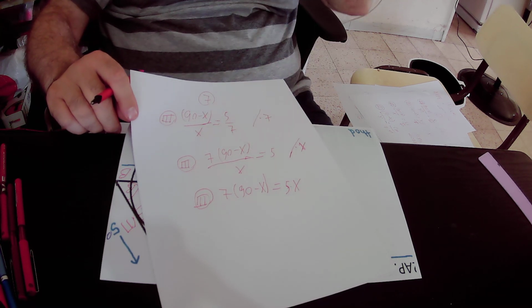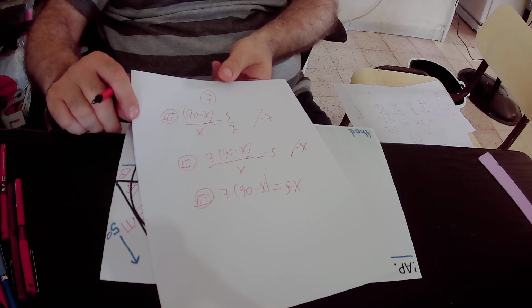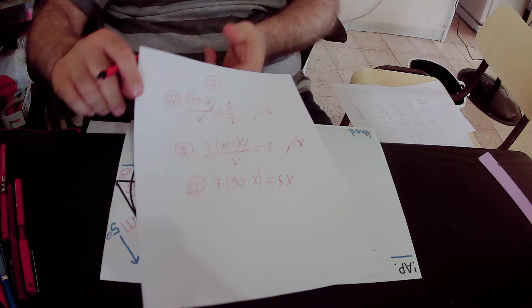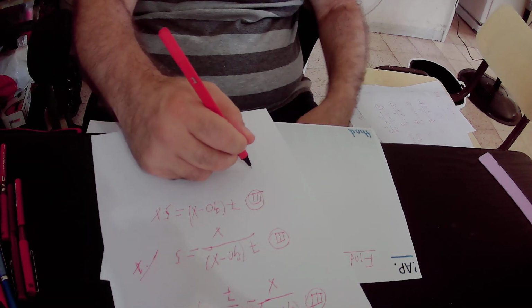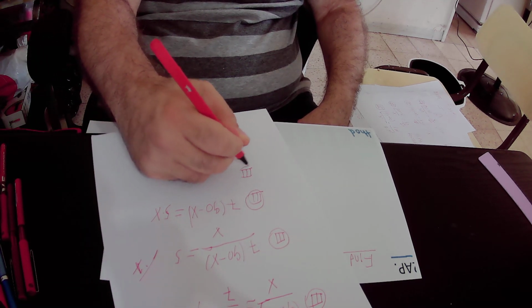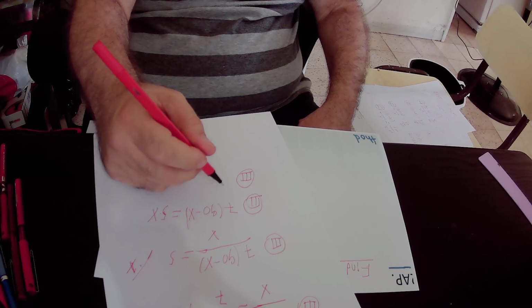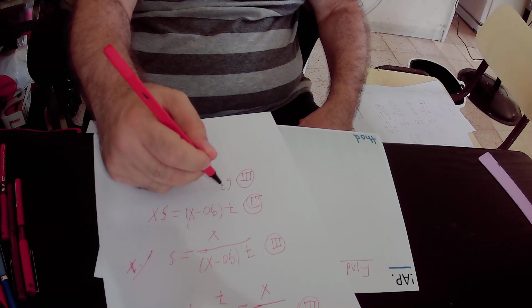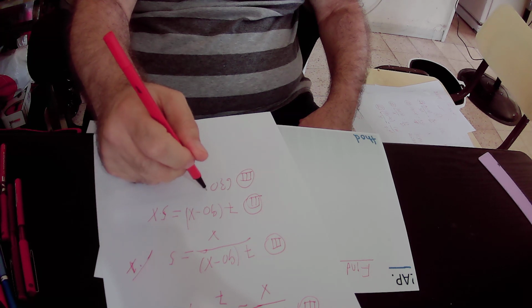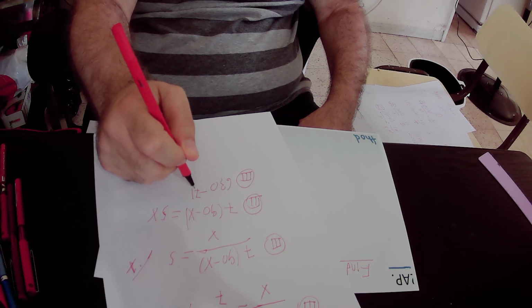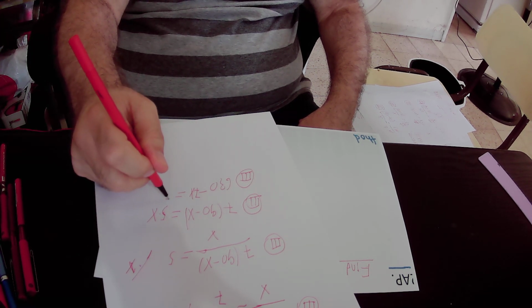Now we will open the brackets in this side of the equation. We will get that 7 times 90 equals 630, and 7 times minus X equals minus 7X, all equals 5X.